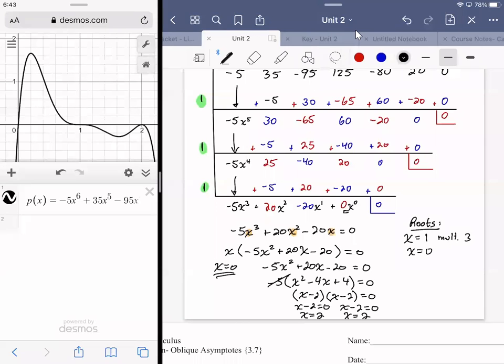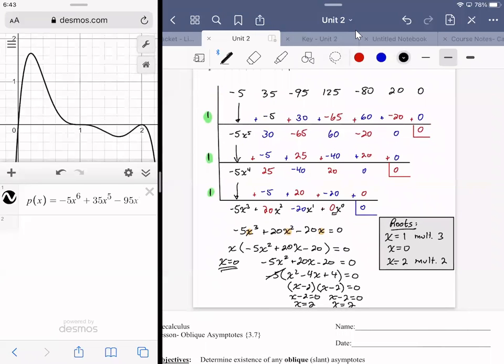It doesn't happen multiple times. Right? x equals 2 has a multiplicity of 2. So in all, we have a total of 6 roots, and therefore we have our solution. I mean, this is heavy duty, but the bulk of the work was done just using synthetic division.